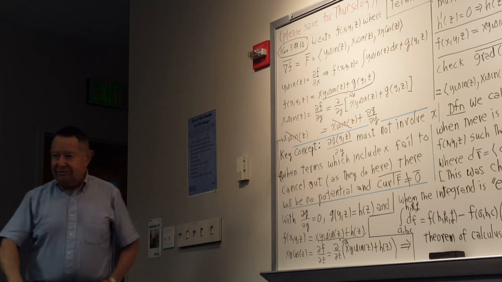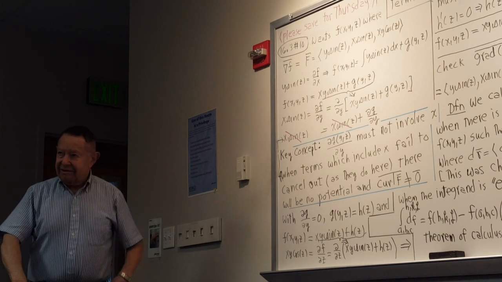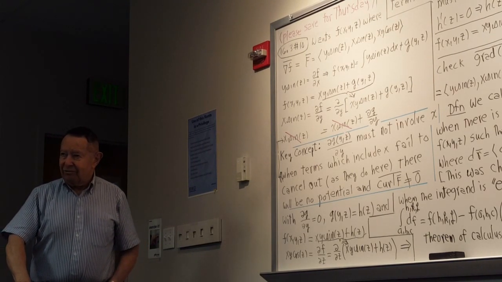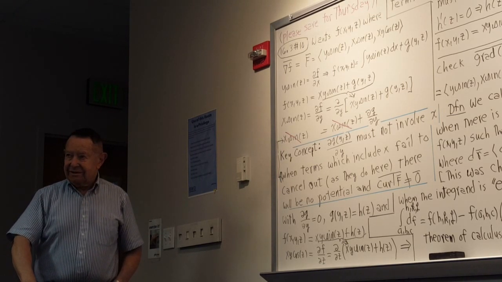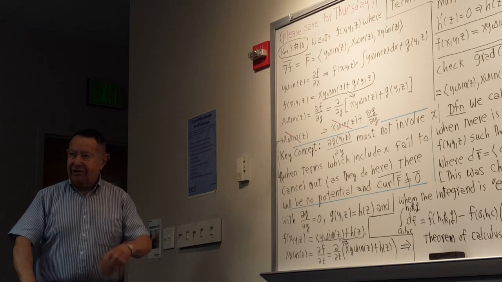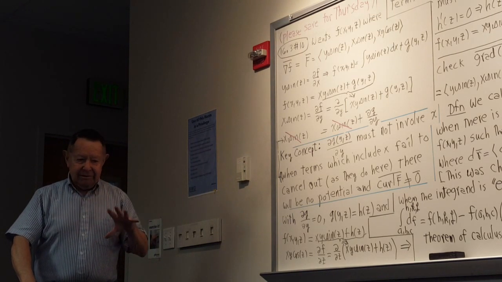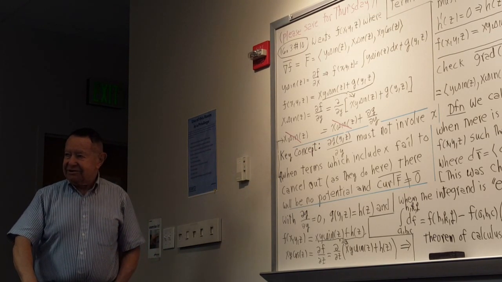If they fail to, then you have a field where the curl wouldn't be 0 and where there is no scalar potential. It isn't that you're doing something wrong, it's that you're after something that just isn't there.